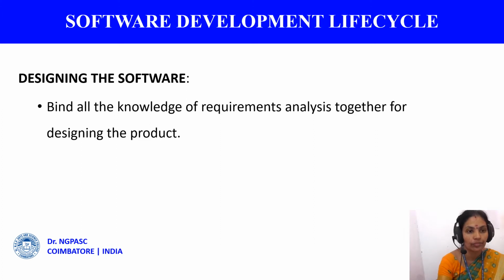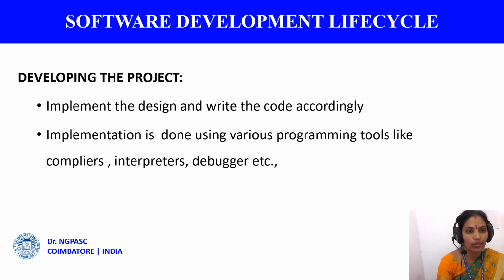Next one, designing the software. This is the third phase of SDLC. It is used to bind all the knowledge of requirements analysis together for designing the product. Whatever requirements are given by the end user, we must combine all those things to design a particular product. Next one, developing the project. This is the fourth phase of a software development life cycle.